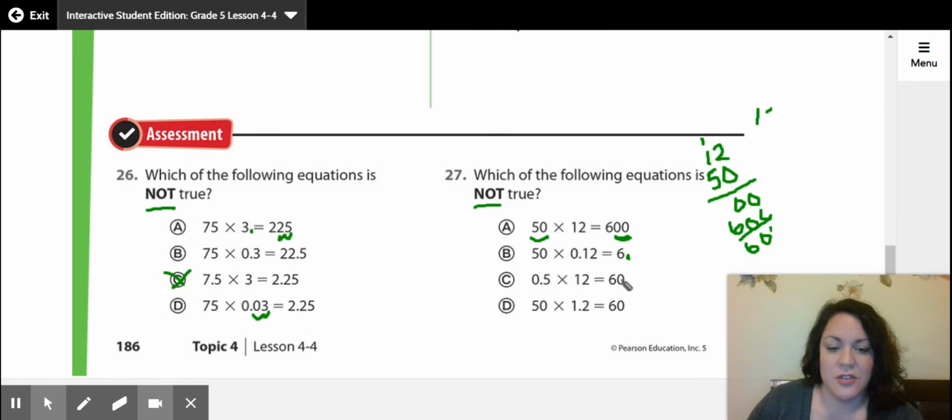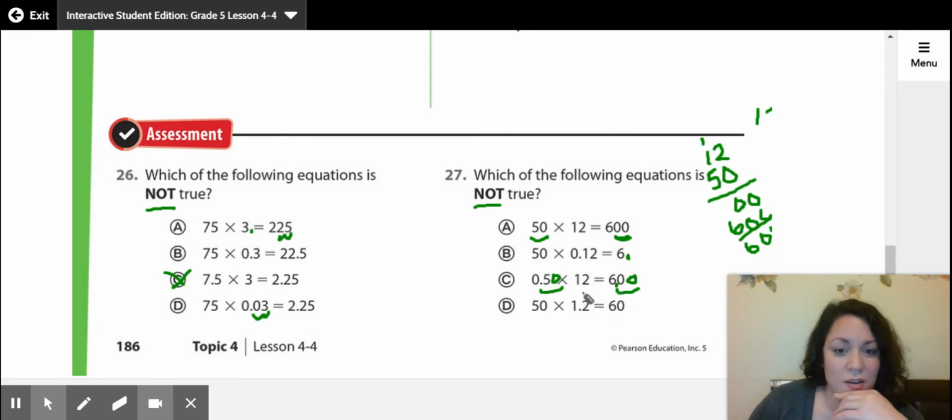Oh, so this is not right. It should have been 6.0. Actually, I could have put a 0 here. And see, I moved it over twice. Then here on 600, I would have had to move it over twice. And actually, that makes sense.